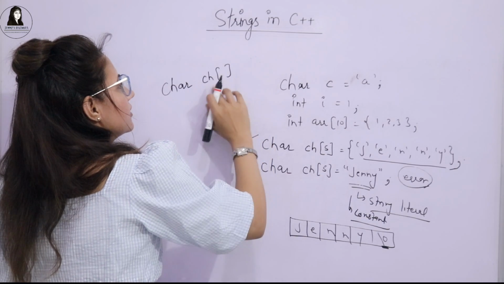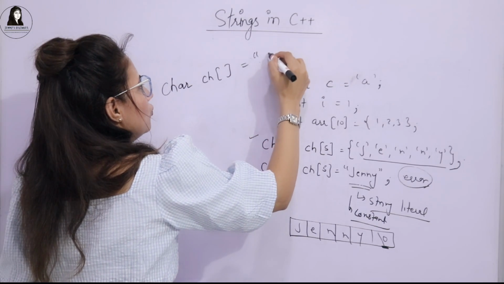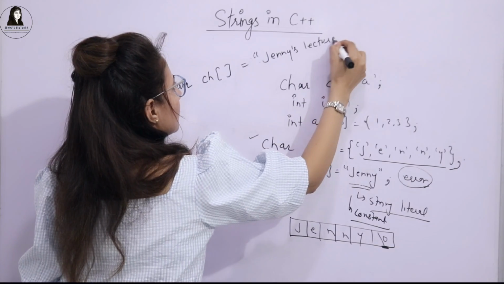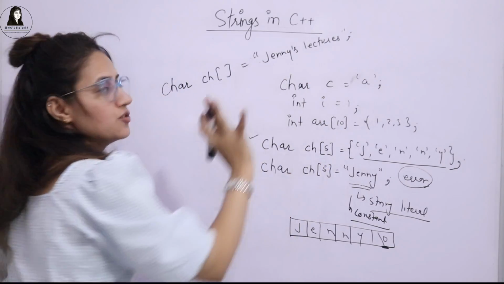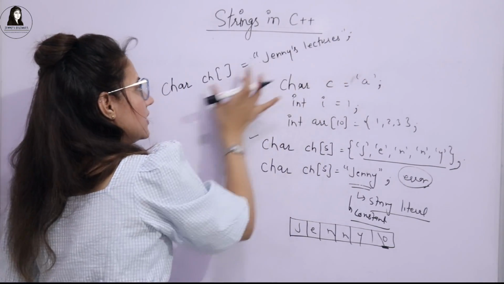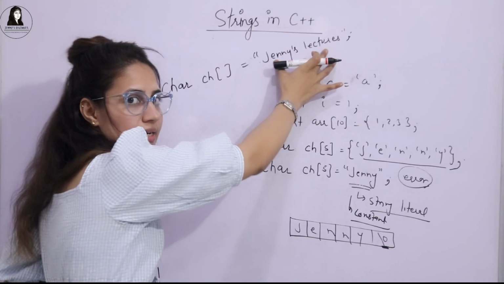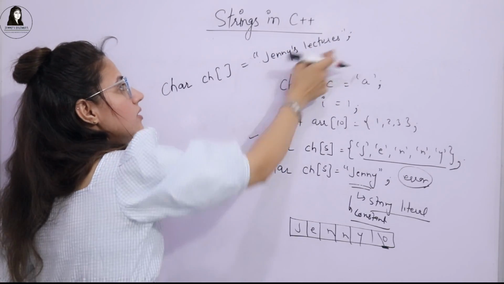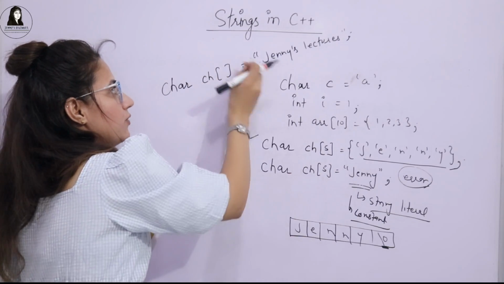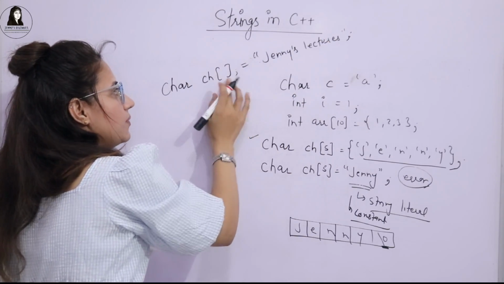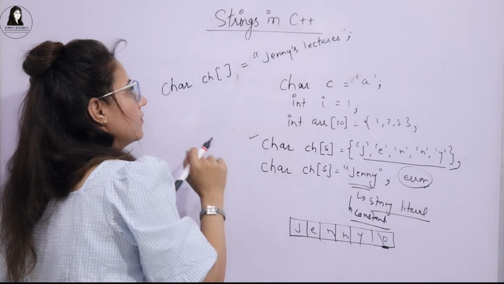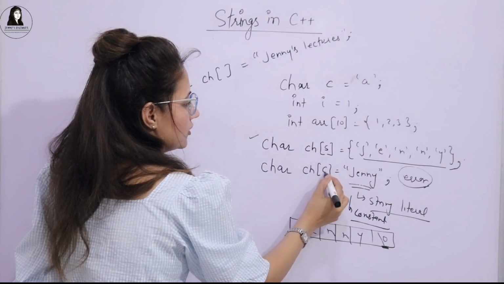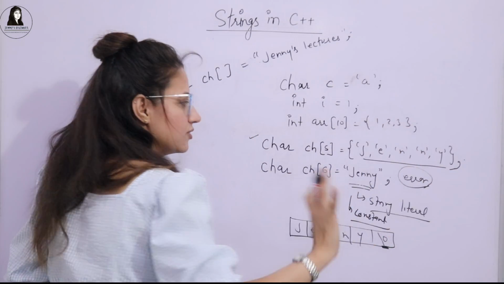If I write char ch with no size is equal to "Jenny's lectures", this is fine because we have initialized this character array with this string literal right here, so it will automatically calculate the size. That is fine. But if you don't initialize it and write something like this, this will give an error, right? So here it should be 6, otherwise it will give an error. 6 or more than 6 is fine, right?